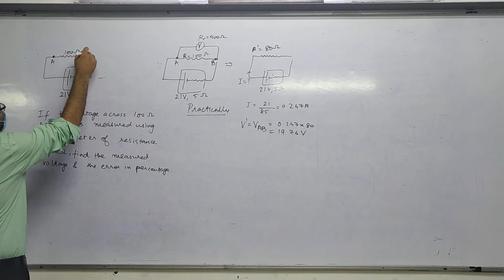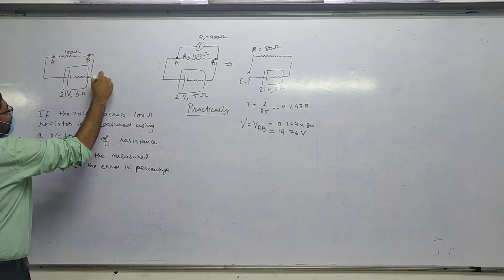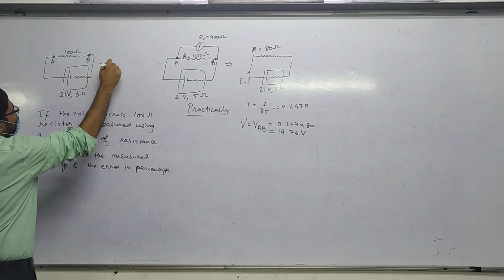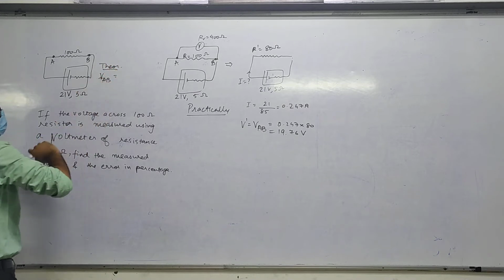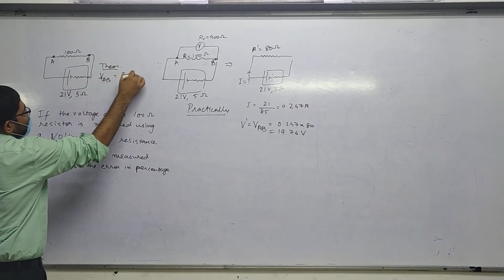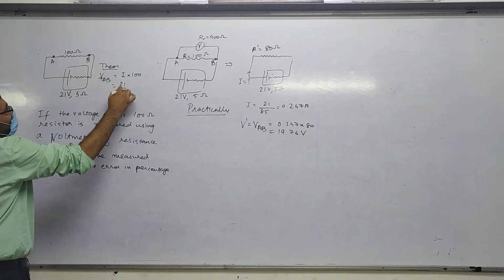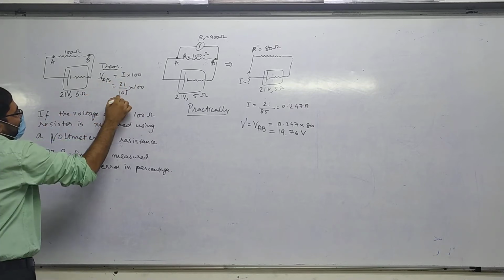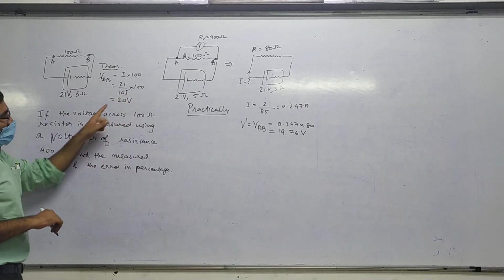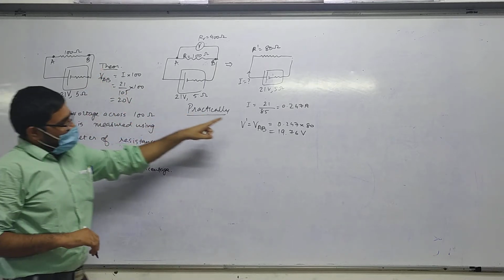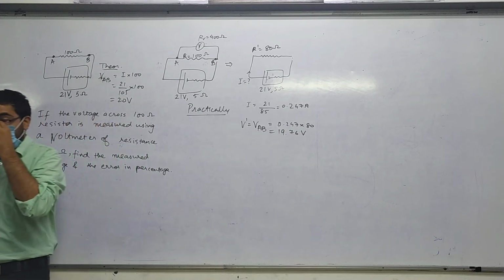How much is the voltage between A and B in theory? It will be current into 100, correct or not, and current will be 21 by 105, so that is going to be 20. So our theoretical value is 20 and our measured value is 19.76. How much is the percentage error? Find it out quickly.